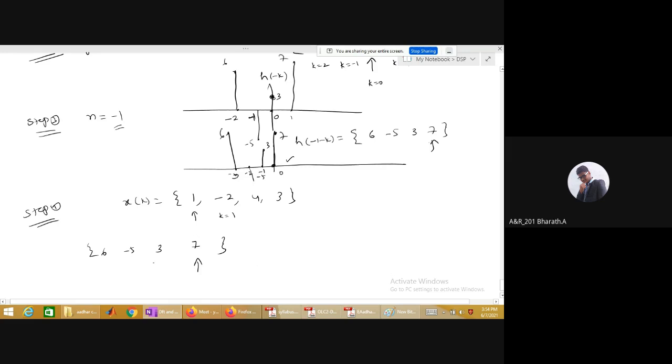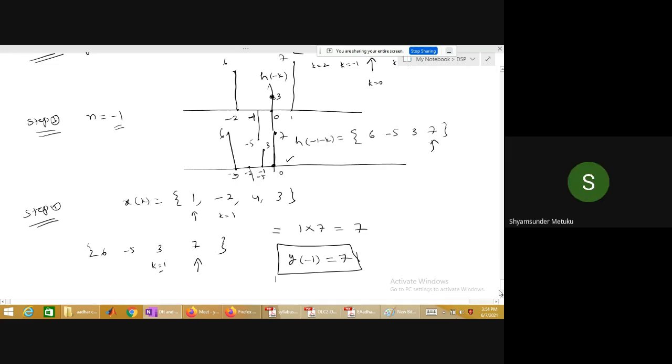Similarly, -1 is available in the second signal but in the first signal it is not available. So what is the overlapping region now? Only 7 into 1. So what is the overall value now? 7. So y of -1 is equal to 7.